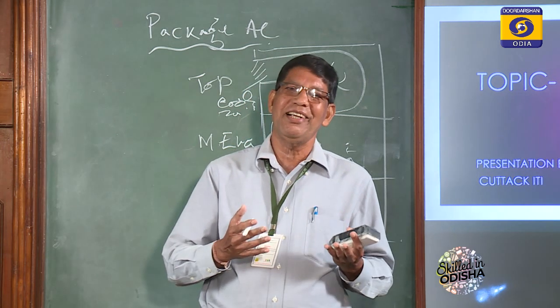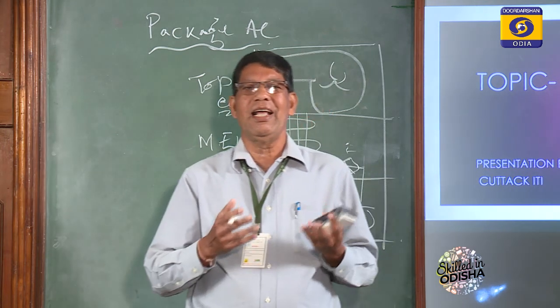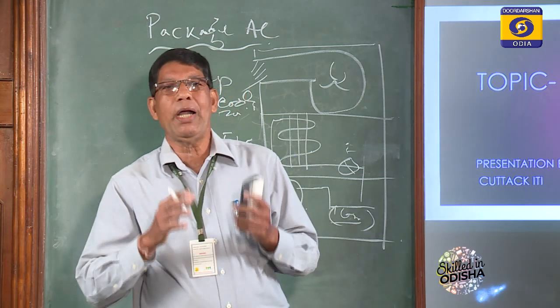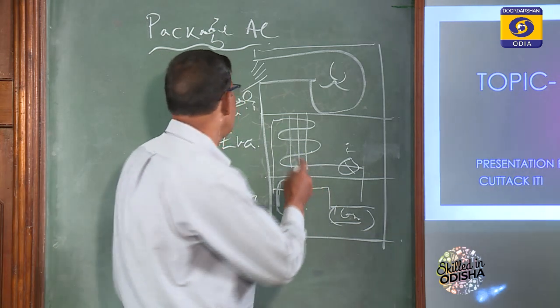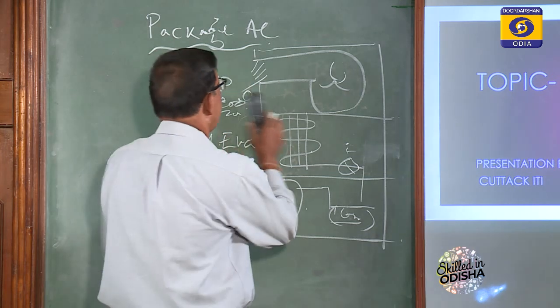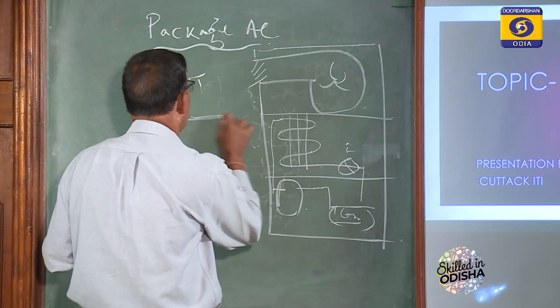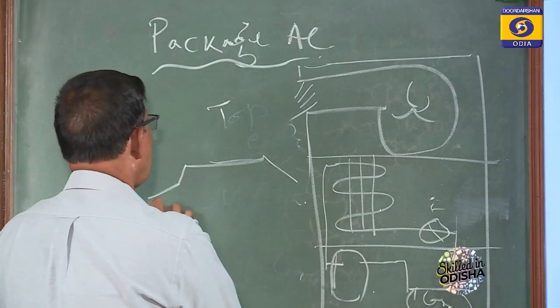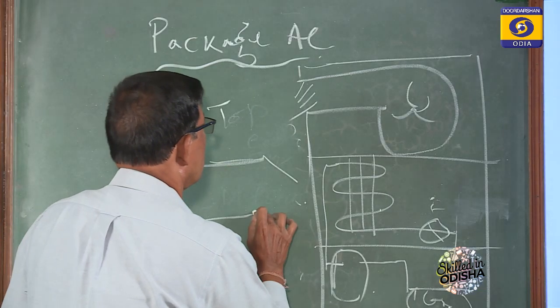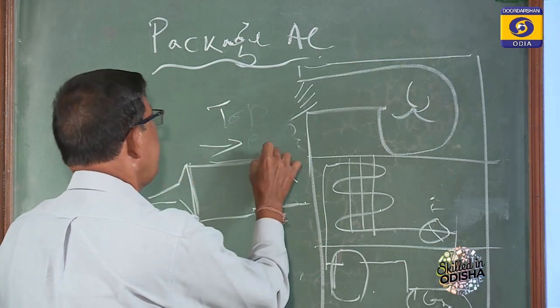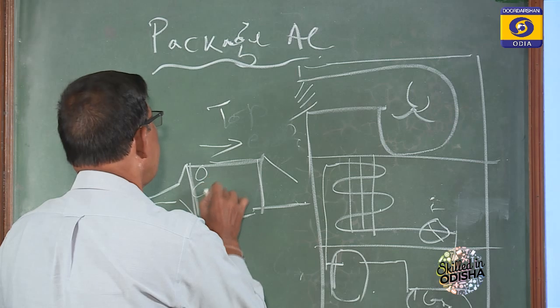What is the dryer? In the dryer, there are some water absorbing elements. Here is the dryer. Suppose this is the way, it is a metal screen, and there is some silica gel.